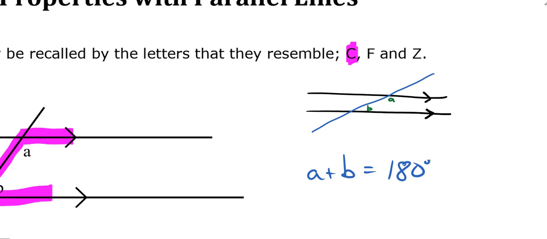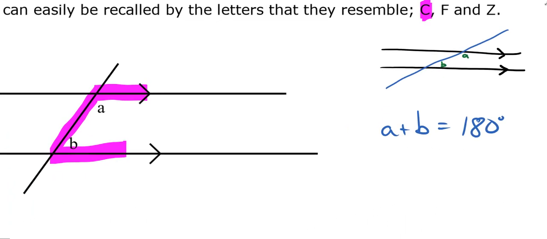But I think this part's easy. Using it in a diagram is the harder part. This is just a fact. If I have 2 parallel lines and a line that cuts through both of them, if I can draw a C around these 2 inside angles, they must add up to 180. Always, always, always.